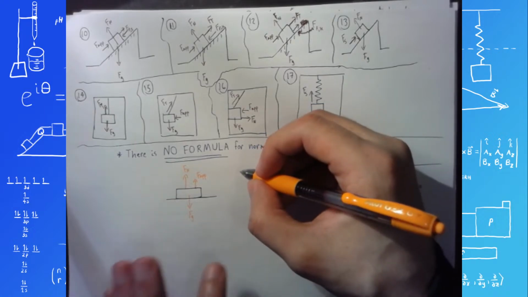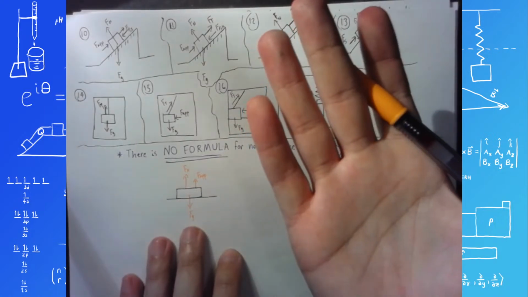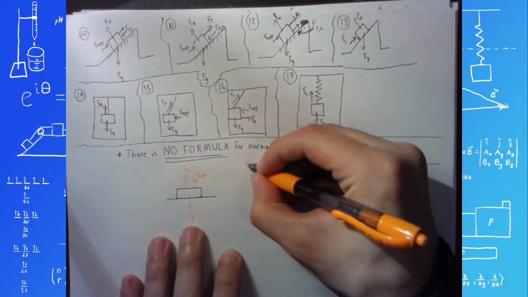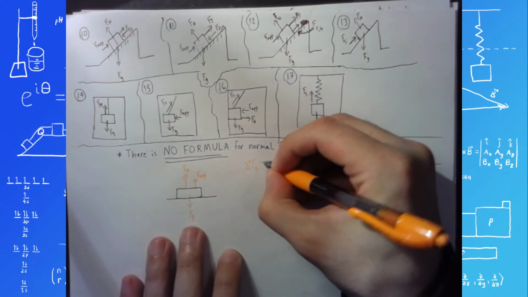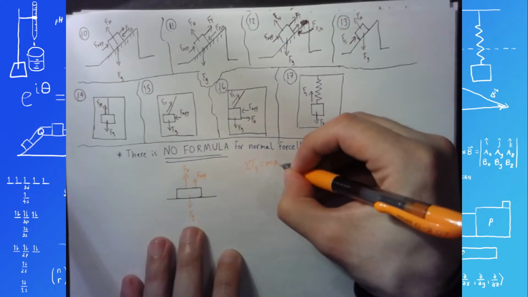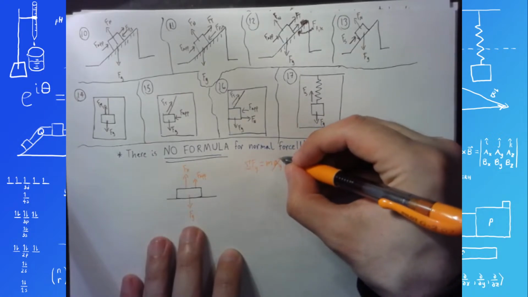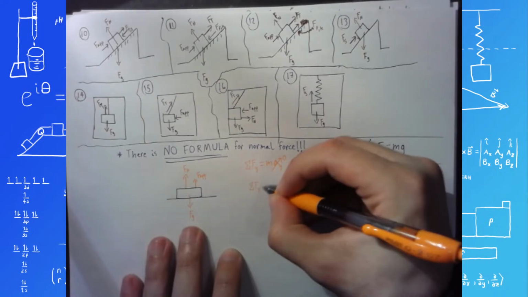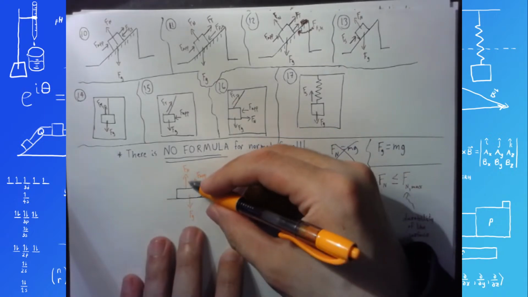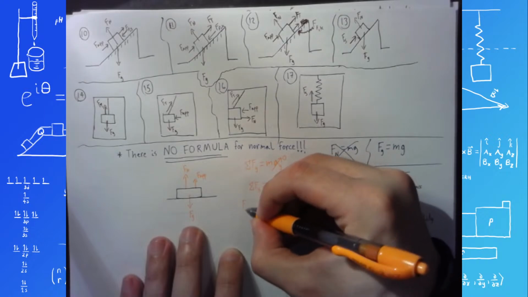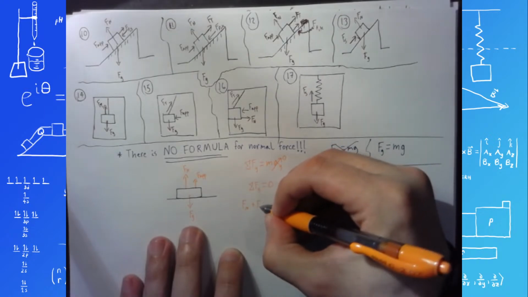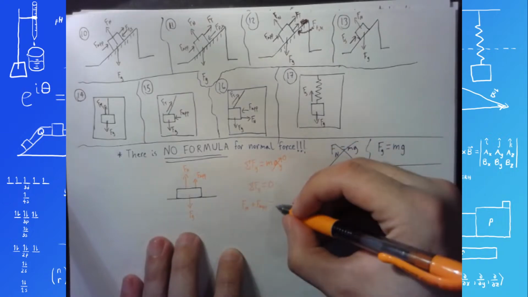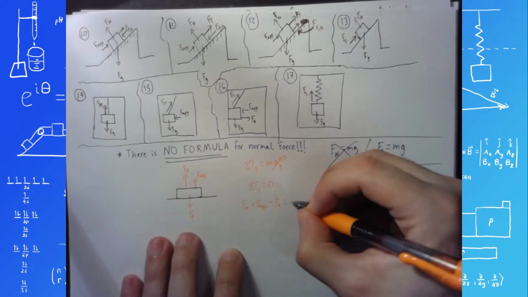What happens then? Well, if the book is still sitting still in my hand, then the vertical acceleration is still 0. So net force in the vertical direction equals mass times acceleration in the vertical direction. Acceleration in the vertical would still be 0, so net force in the vertical would be 0, which means force up minus force down, normal force plus force applied minus force of gravity equals 0.